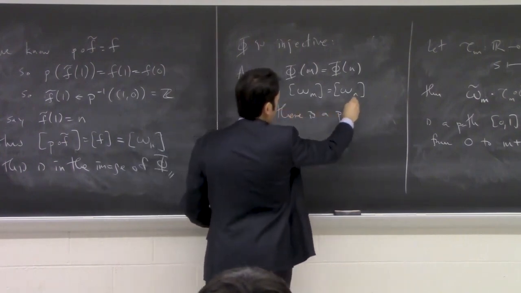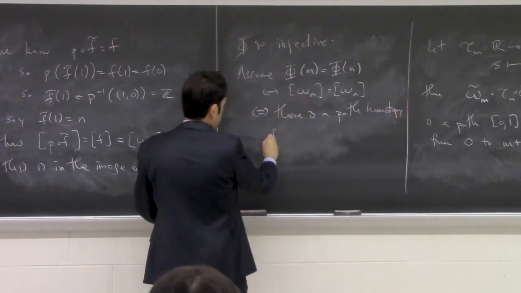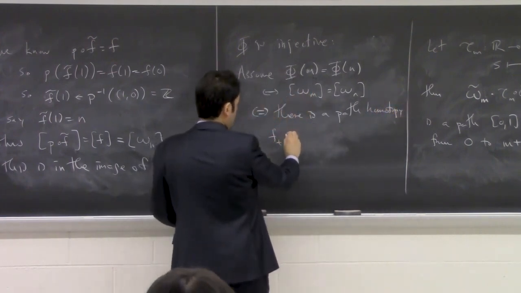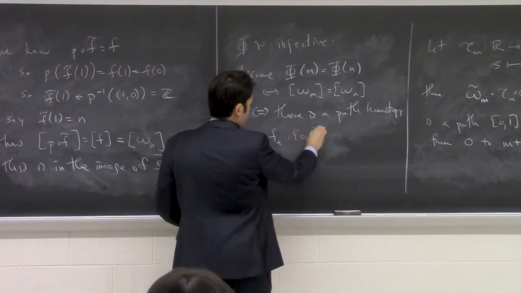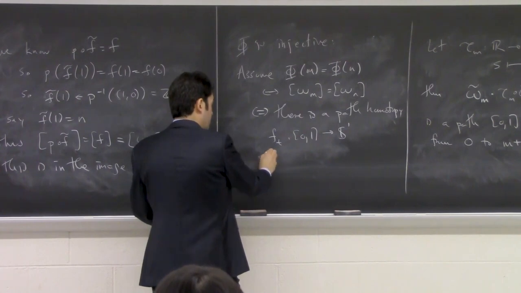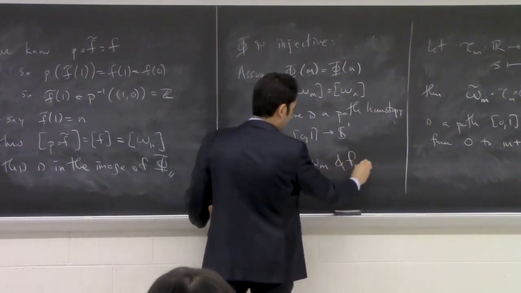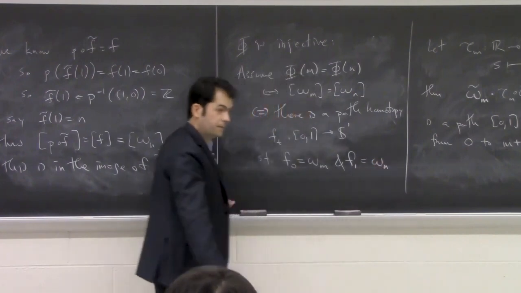There is a path homotopy Ft on the circle such that F sub 0 is omega m and F1 is omega n.